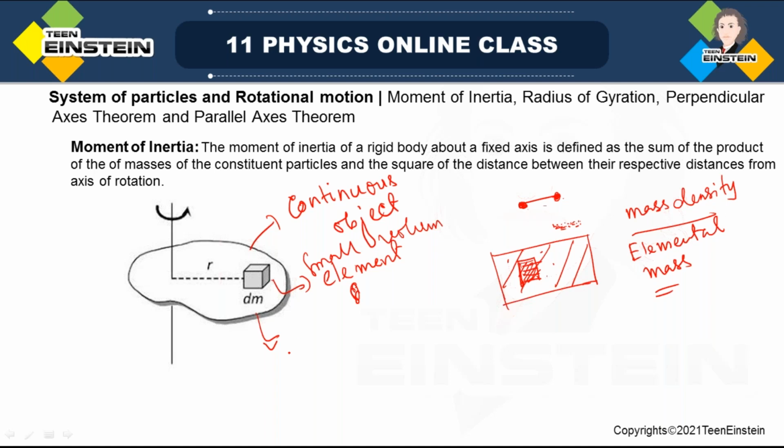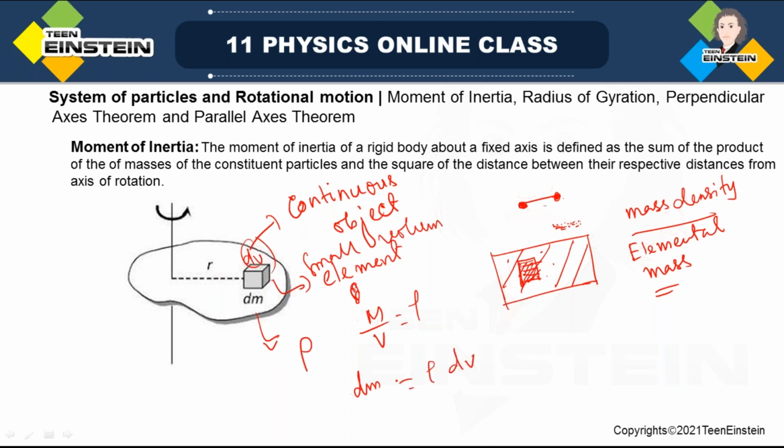In this case, you have to define rho. Rho is the mass density, that means total mass by the volume. If you know the volume of this small volume element, delta v, then dm will be rho into delta v.